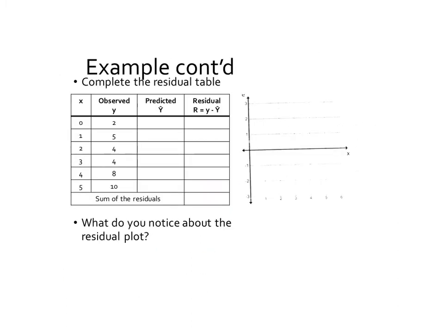So next, we're going to complete a residual table, and you will actually be doing this on your second formative. The first thing we need to do is find all of our predicted values. So remember, to find the predicted value for x is 0, we're using our model y hat equals 1.4x plus 2.